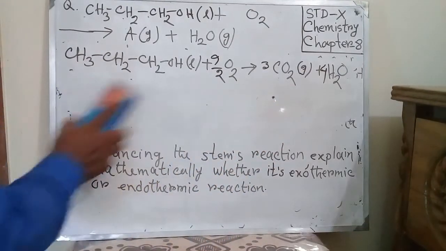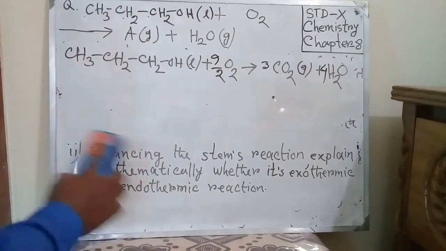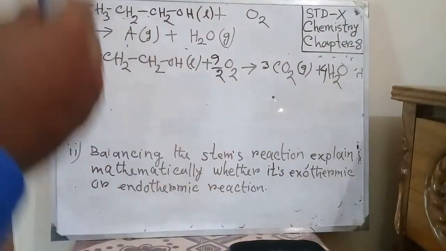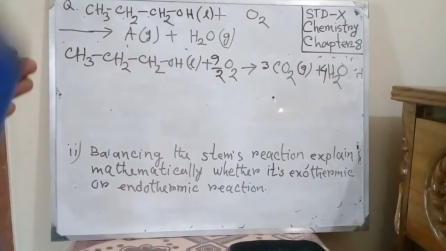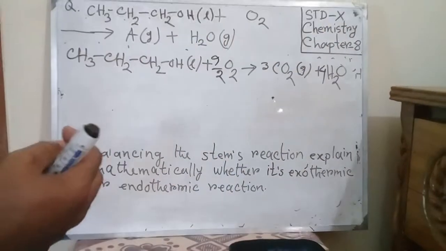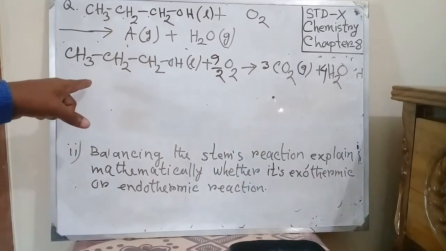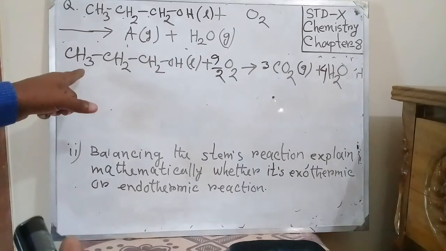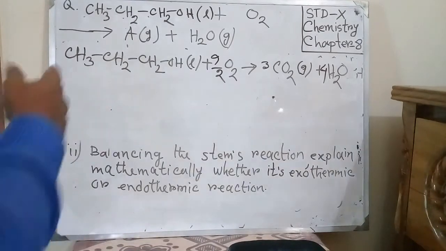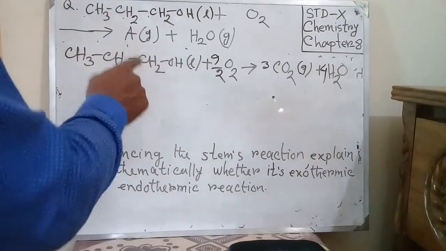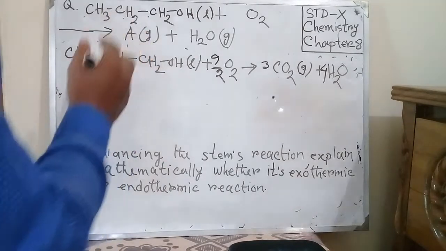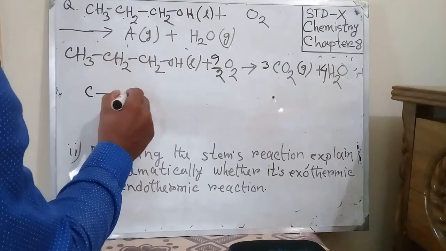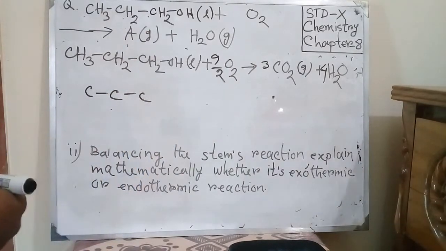So the next step: we need to count which types of bonds are at the reactant side and which types of bonds are at the product side. For this we need to write the structural formula of propanol-1. Look, how many carbons are there at the left side? 3 carbons. That's why we can write 1, 2, 3 here.